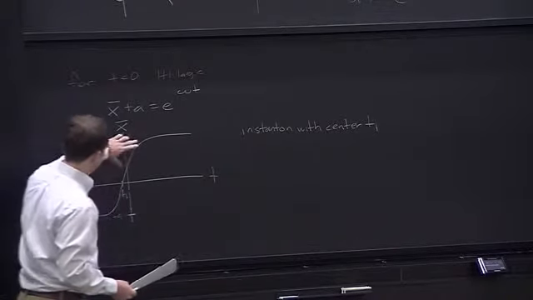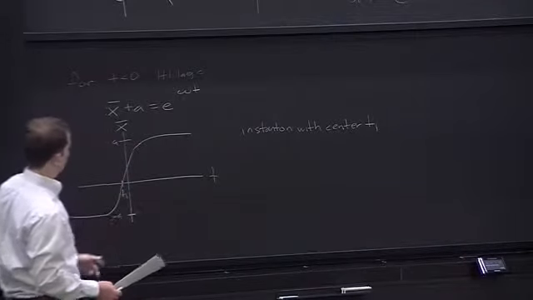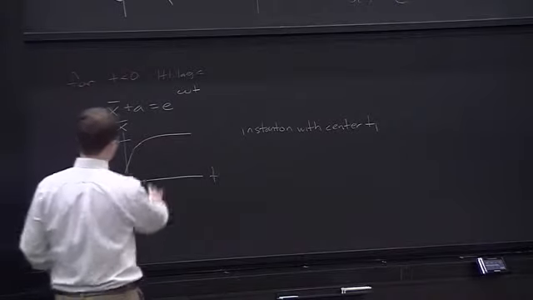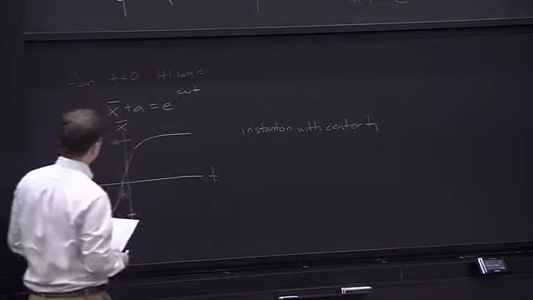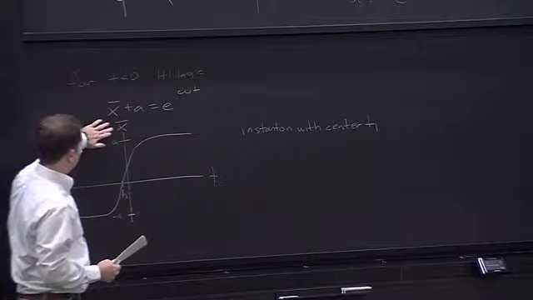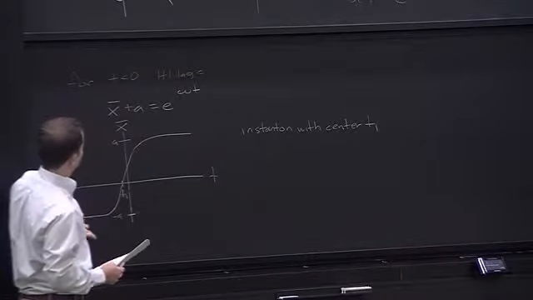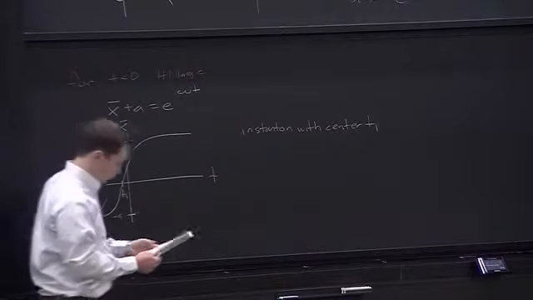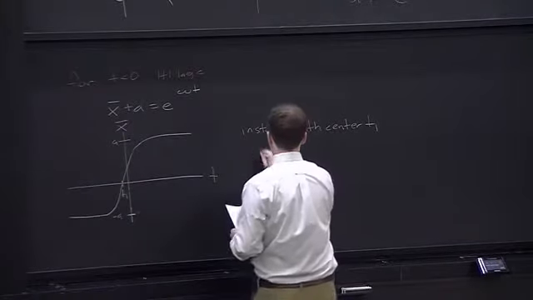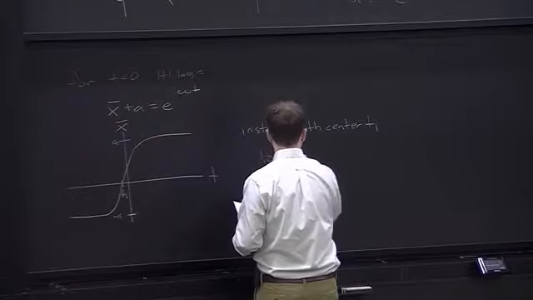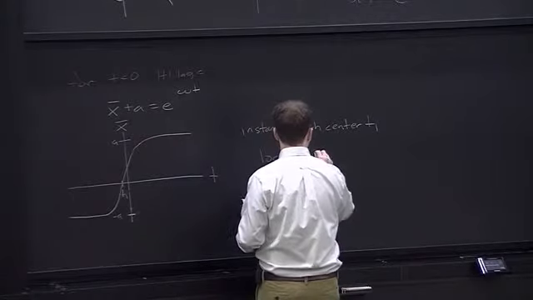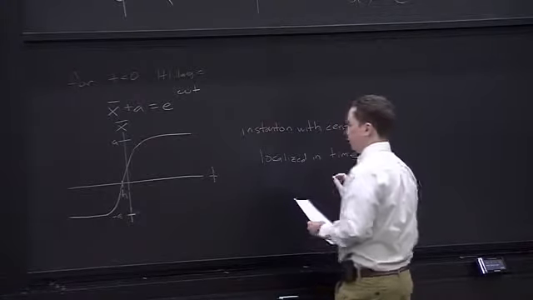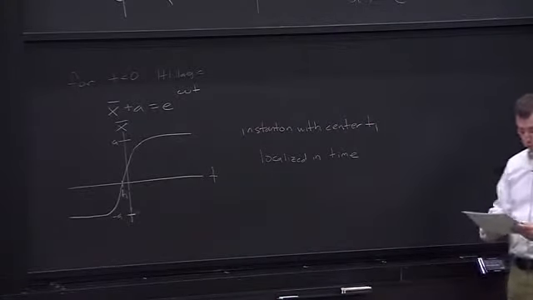So for just a short time of order omega inverse is our saddle point solution different from A or minus A. So it's localized in time. And that's where the name instanton comes from. It only exists for an instant.